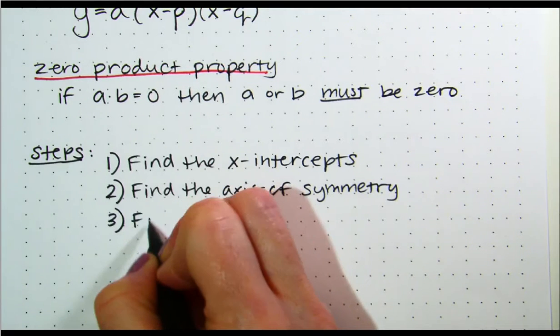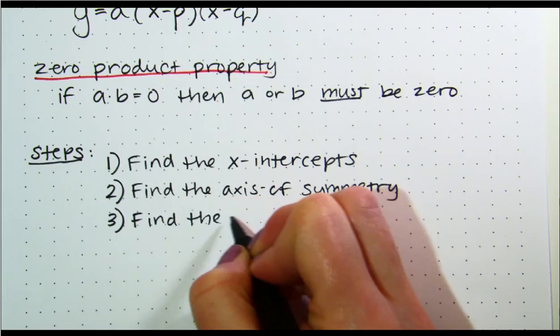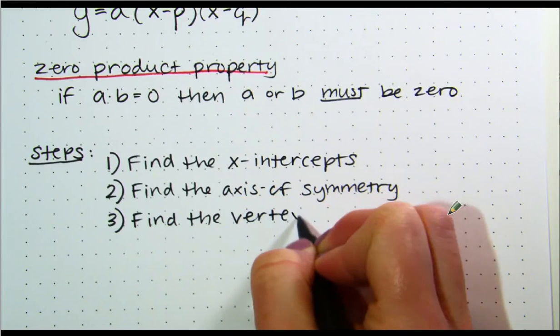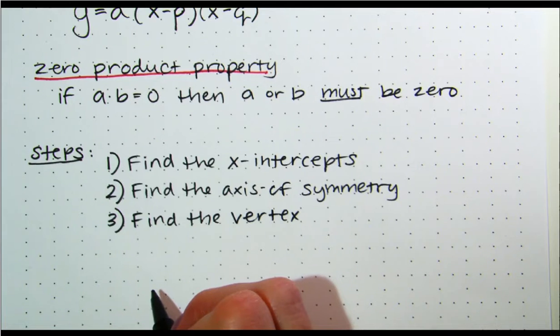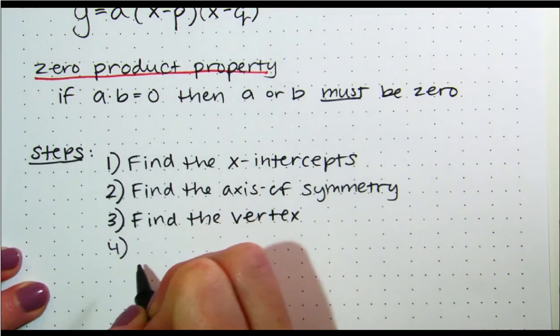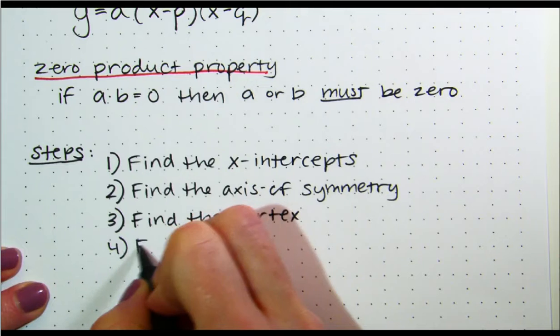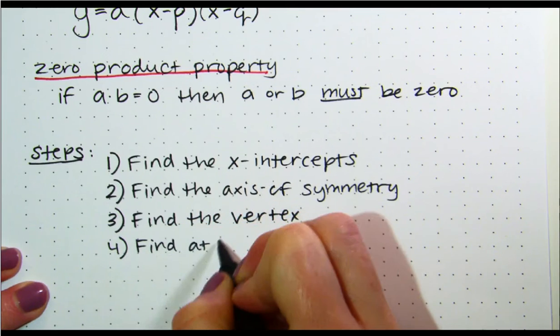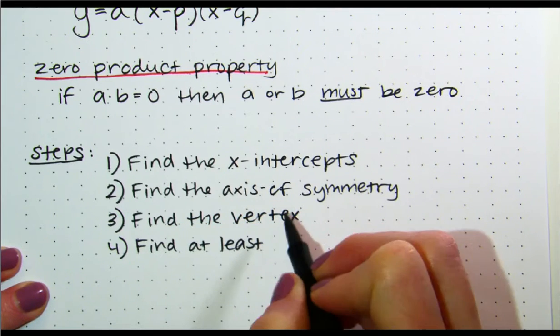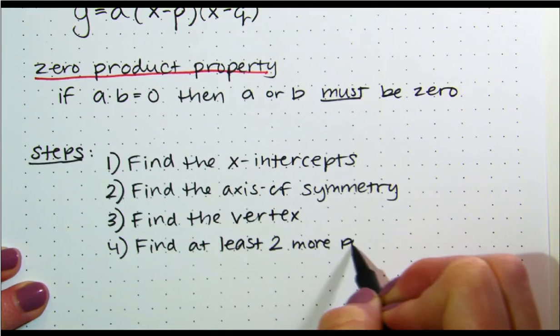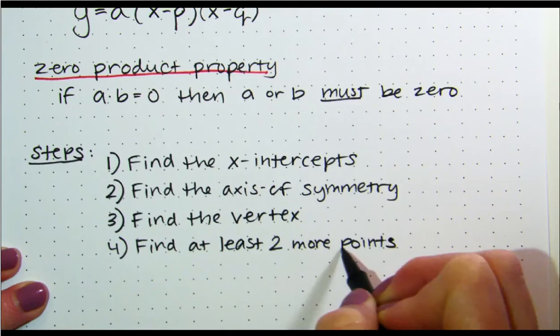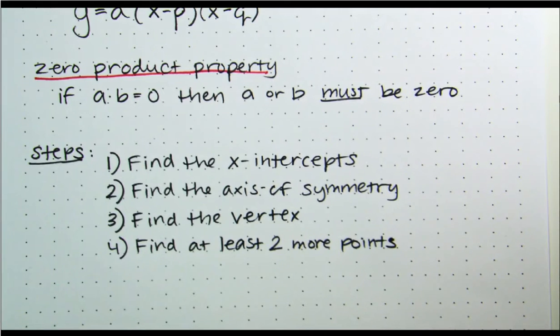Step 3, find the vertex. Step 4, find at least 2 more points. Okay, remember, we want a total of 5 points. That'll get you a good parabola, right?